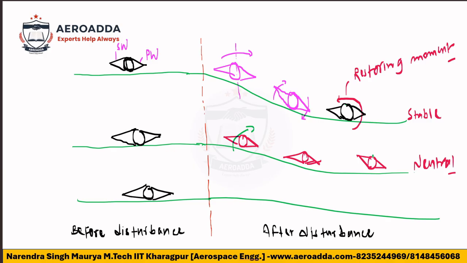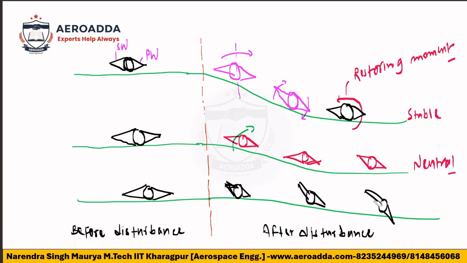Okay. Now coming to the next one, which is the third. If because of the disturbance the aircraft is rolled, then the rolling will be continuous. It is not coming back to its original condition.